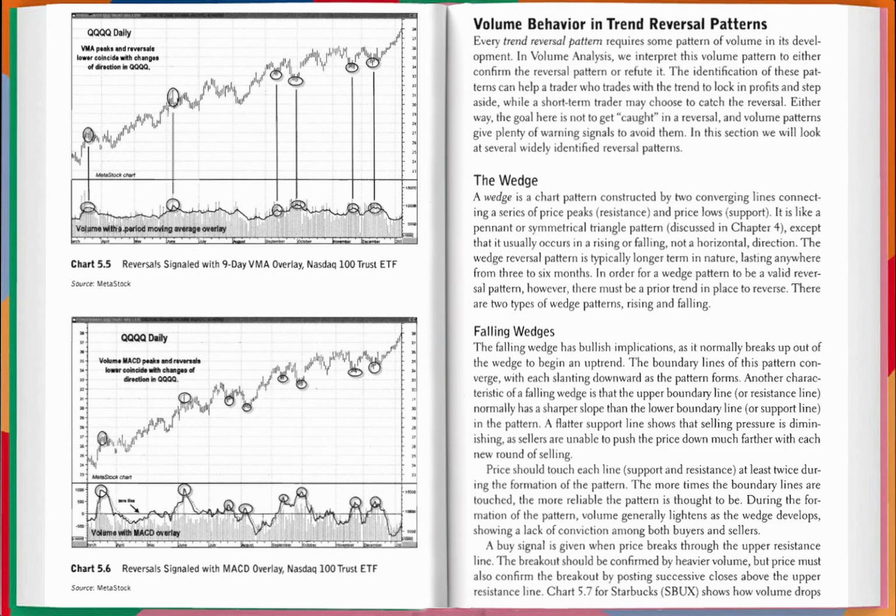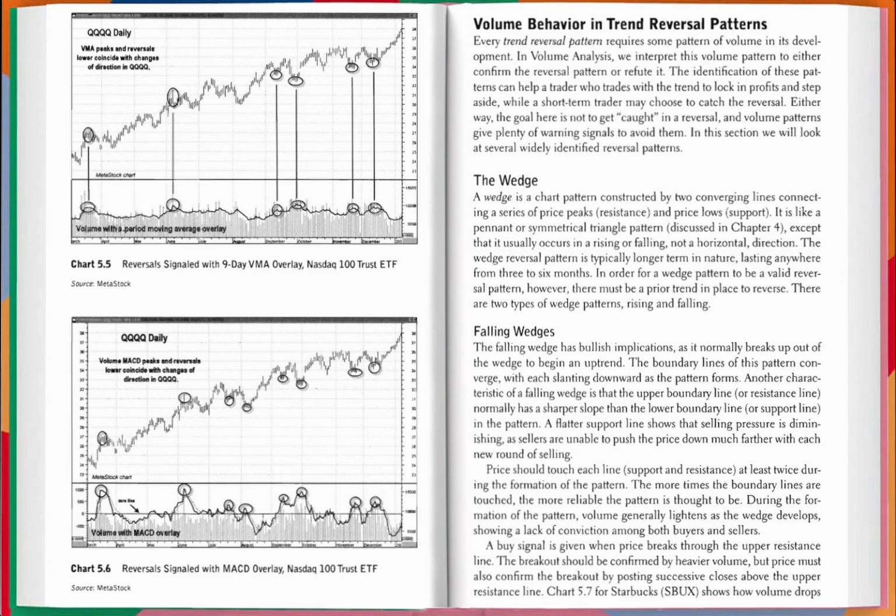Falling wedges. The falling wedge has bullish implications, as it normally breaks up out of the wedge to begin an uptrend. The boundary lines of this pattern converge, with each slanting downward as the pattern forms. Another characteristic of a falling wedge is that the upper boundary line, or resistance line, normally has a sharper slope than the lower boundary line, or support line, in the pattern.